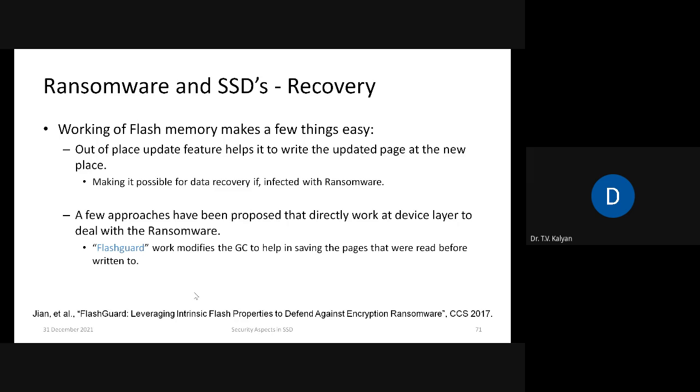Of course, this is not totally efficient because we might not be able to recover the entire data, only bits and pieces of it. Now, there is an interesting approach named FlashGuard, which was trying to leverage such out of place update itself and trying to recover as much data as possible.